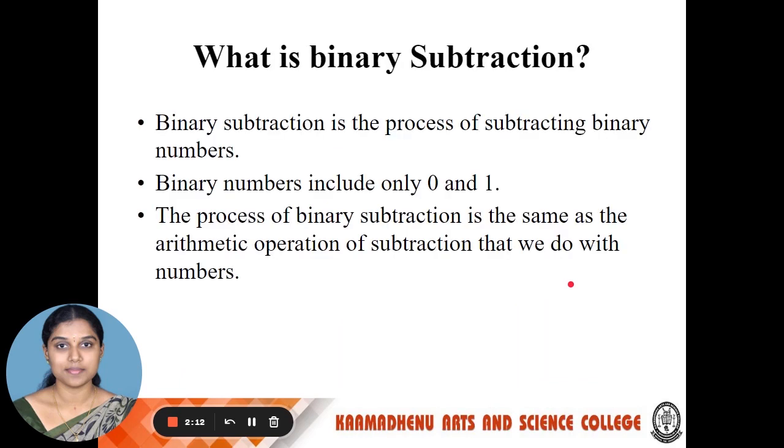The next one, subtraction. What is binary subtraction? This is also the normal arithmetic operation of subtraction that we do with our numbers. Binary subtraction is the process of subtracting binary numbers, and it includes 0 and 1 only.